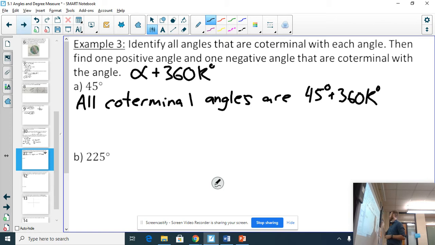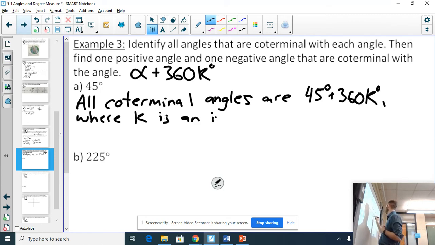Important, where k is an integer. That's important, right? K can't just be any number, right? We can't put 1.5 in for k, because then it won't be true.